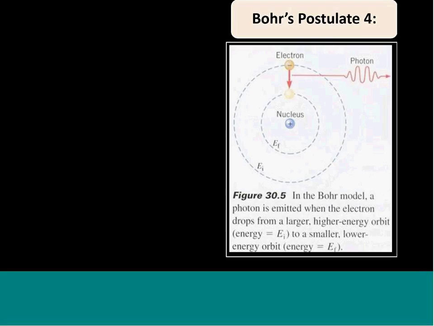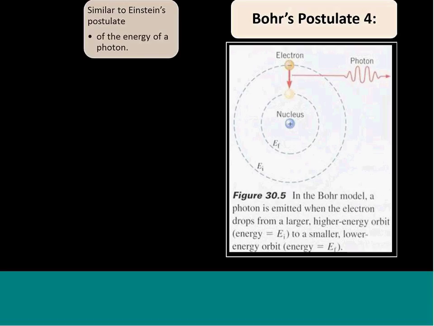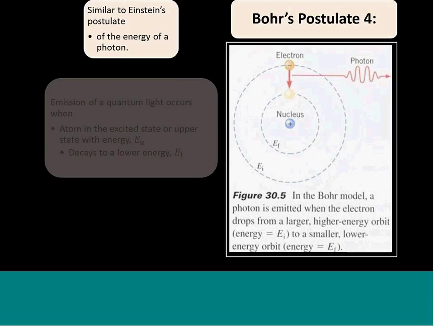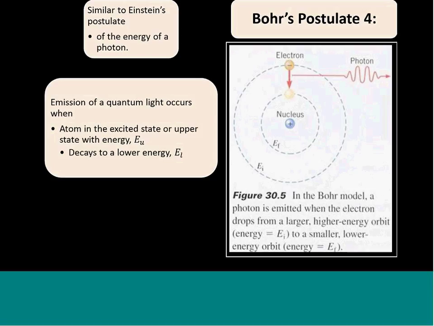Okay, so buat postulate 4, Einstein postulate of energy of a photon. So says emission of quantum light berlaku pada atom in an excited state, upper state with energy of EU, which decays to a lower energy, which is referred to as EL.